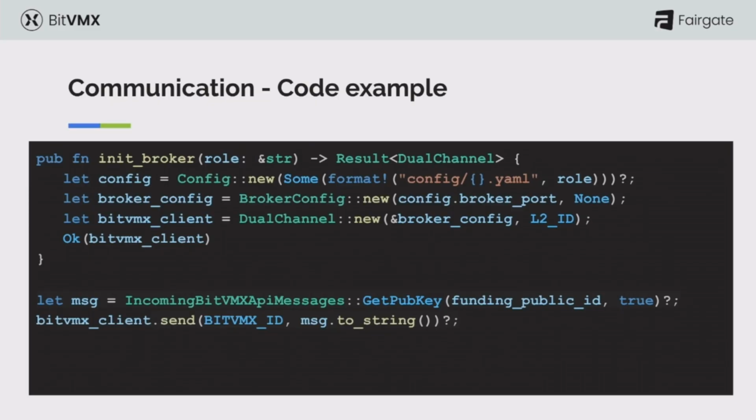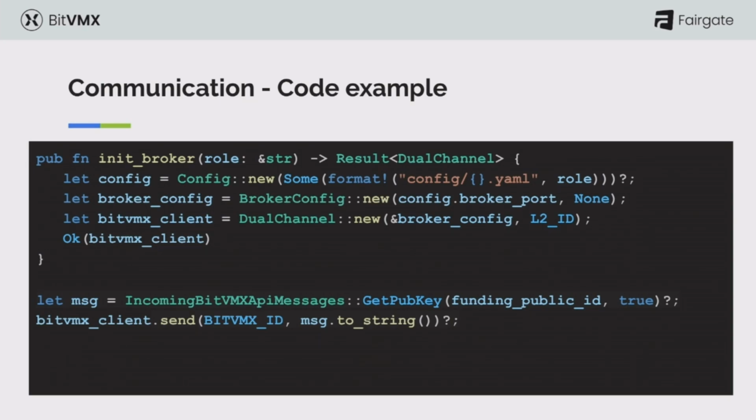Dual channel is because it can send messages and receive them, but the actual server that will be listening is the BitBMX client. So with the broker config, our application has an ID which is called L2 ID. This is internal to BitBMX, as it considers other applications as part of the L2. But as you can see, it's pretty straightforward.